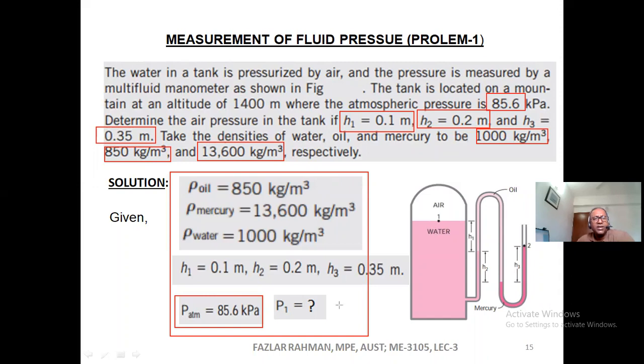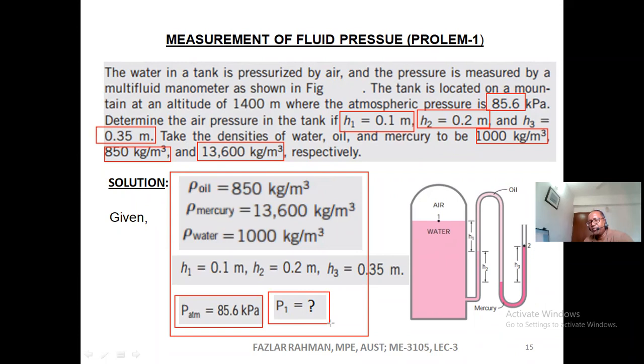Then you write down all those things, the given data, but on the right side you don't draw the picture. So how will we know you understand the problem, or which one is H3, which one is H2? So obviously, if you draw the figure, then you say the data given, then you figure out what you need to figure out. Then if your process is right, you will get the mark.